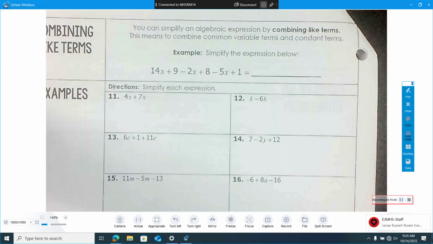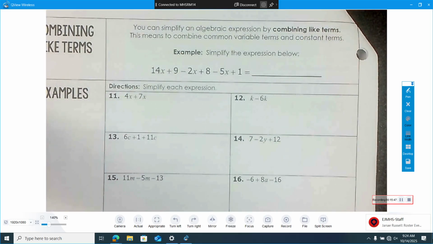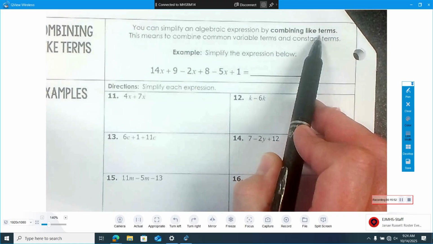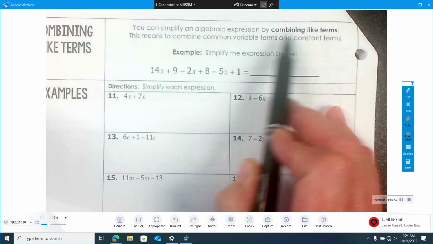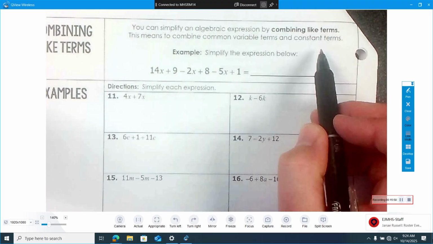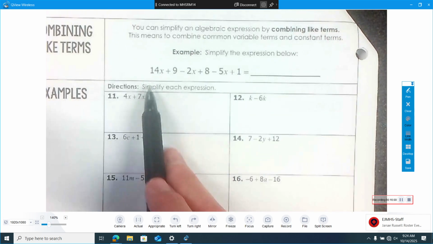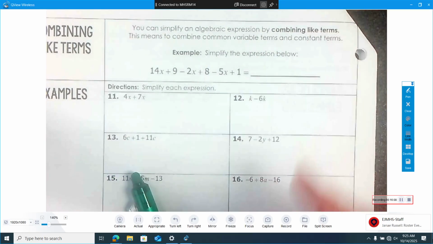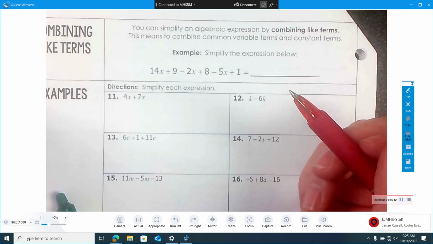So here we go. You can simplify an algebraic expression by combining like terms. This means to combine common variables and constant terms. So to simplify the expression, and this is where our two colors are going to come in really handy here, I want you to use colors while we're doing these today, because it's really going to help you and me.